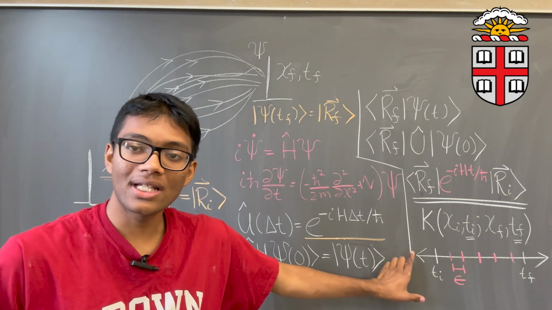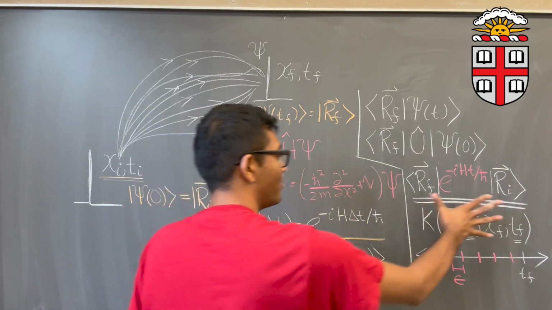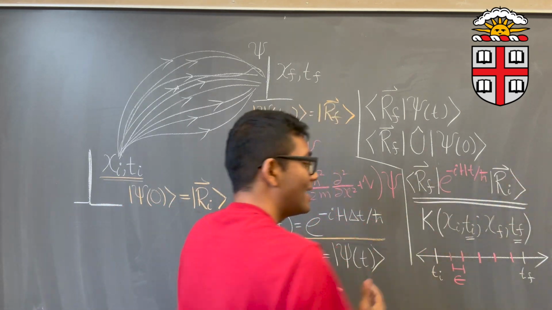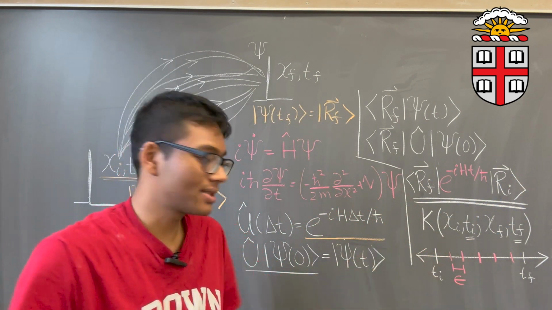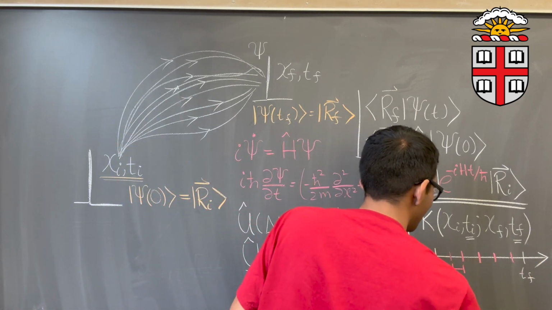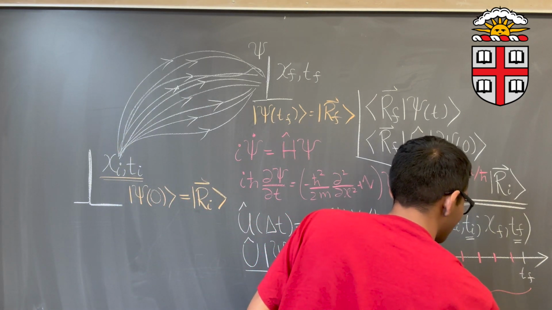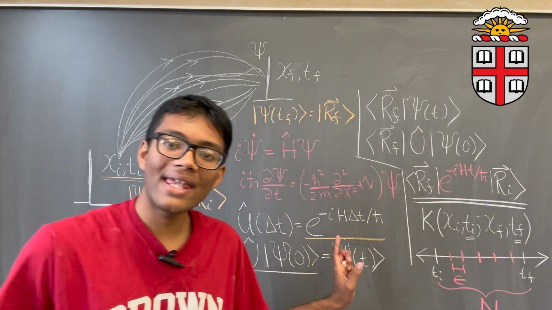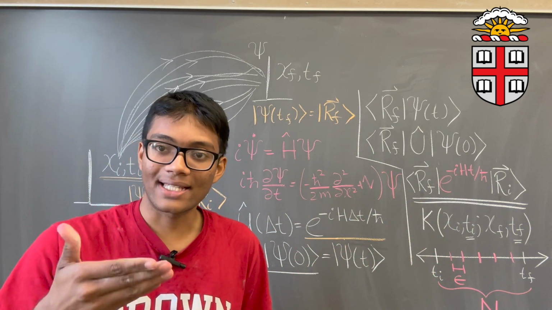And this is going to help us break down this inner product into n inner products, where n is the number of time slices we have. And that's what we're going to do in the next part.